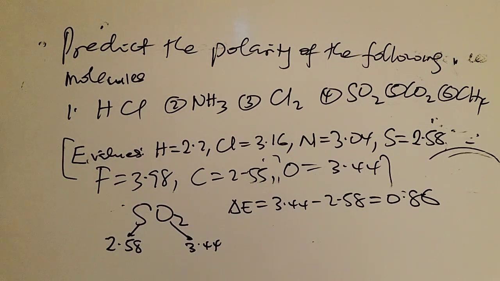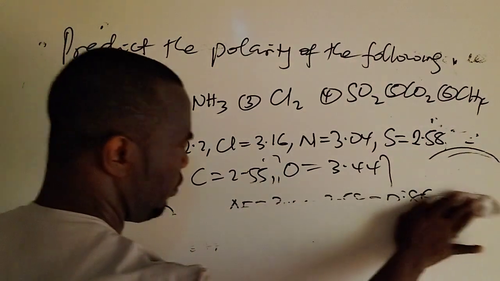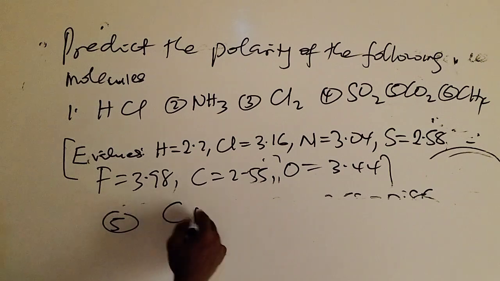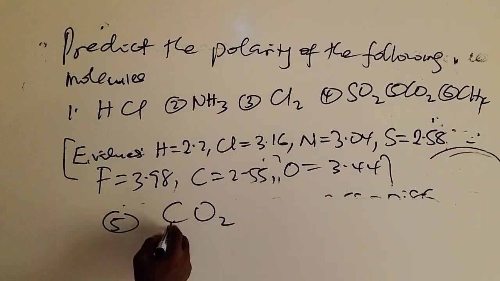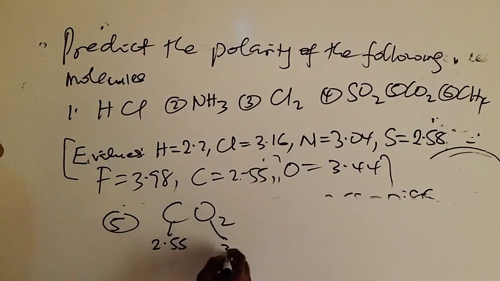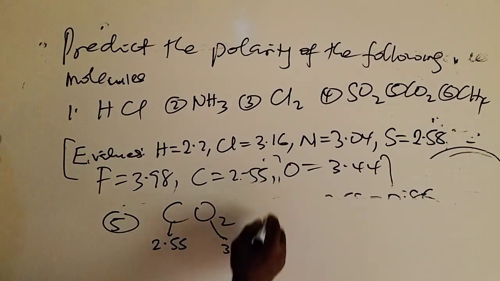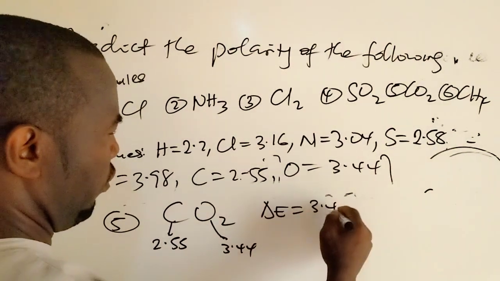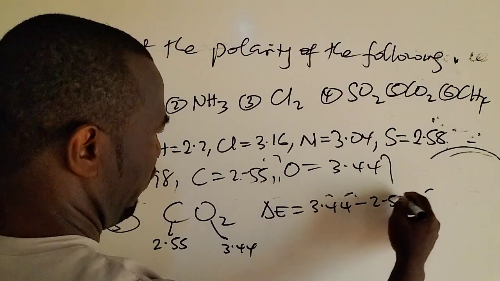Then, if I look at CO2, number 5. Carbon has electronegativity value of 2.55. Oxygen has 3.44. The difference in electronegativity is going to be 3.44 minus 2.55.